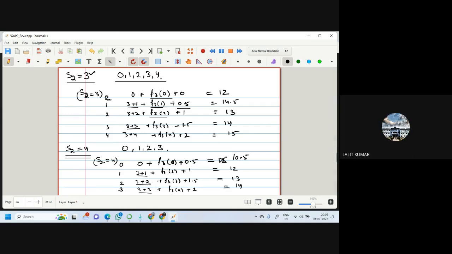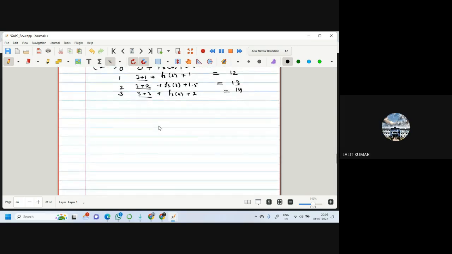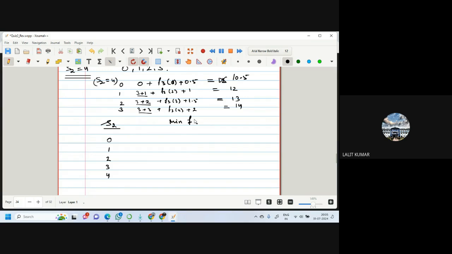So here again, what do we do? Again, we make this column. So this is your S2 and this is your min of F. So for S2 we started with 0, 1, 2, 3, 4, and we can go backward. Here, this is S2 is equal to 4.